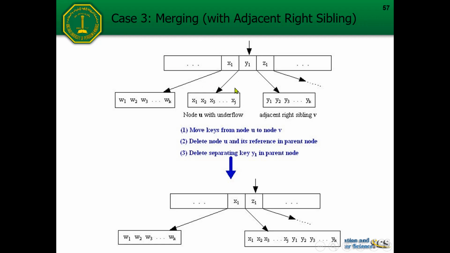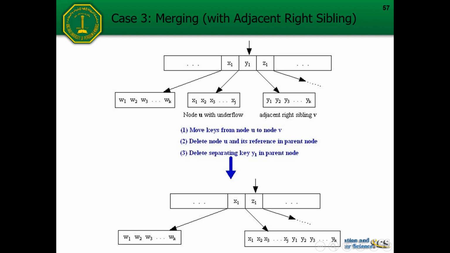For example, now we are going to combine node U with its right sibling. The operation in the merging is like this. We just make these two nodes become one. Then after that, we take the key that is shared by the two nodes, which in this case is y1, and put that in the middle between the two merged nodes, and then we will get this node as a unity.